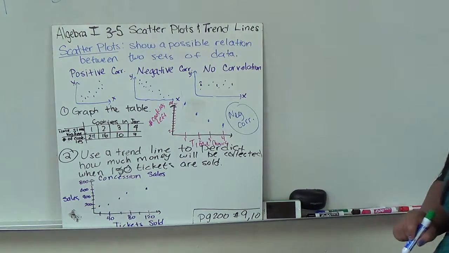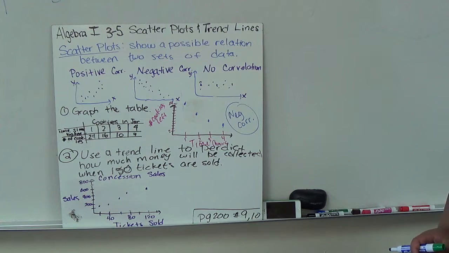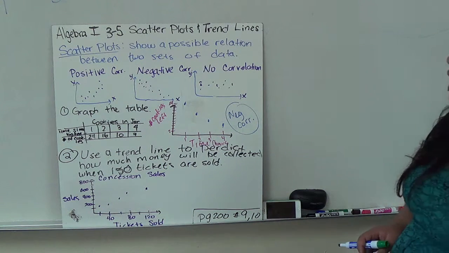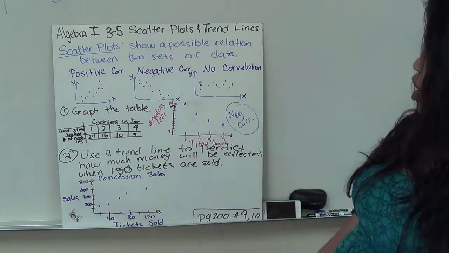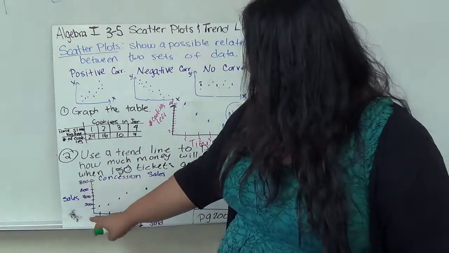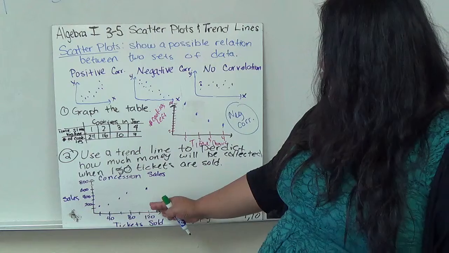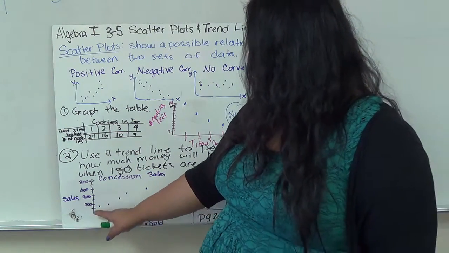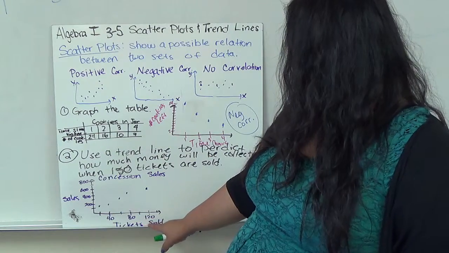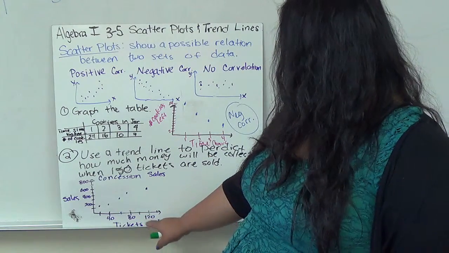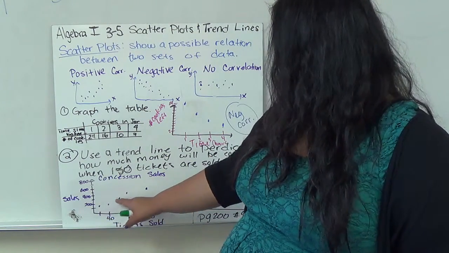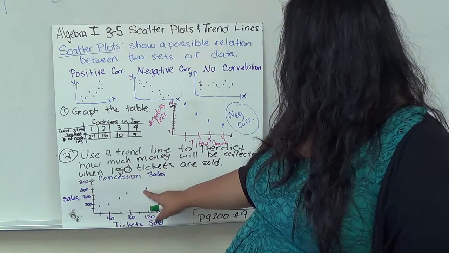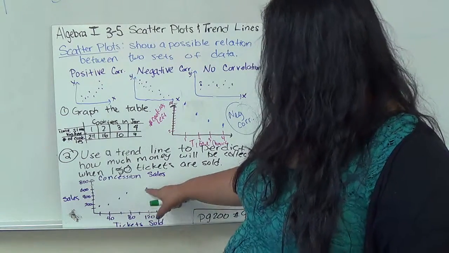Okay? The second one is saying, use a trend line to predict how much money will be collected when 150 tickets are sold. So here, I can tell as the tickets are being sold, there's more money being made. Okay? So in the sales, we make this much for 120.